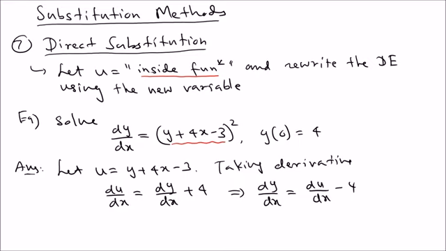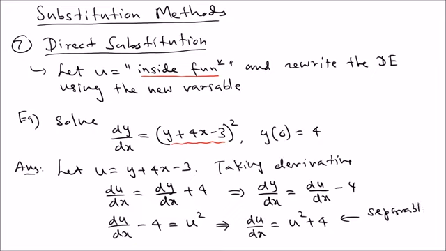So if you plug in that, what will happen to the differential equation? So dy by dx you can replace by that. So it's going to be du over dx minus 4 equal, we're going to put the inside function as u, so it becomes u squared. So this says that du over dx is simply u squared plus 4, and you can see that this is a separable equation.